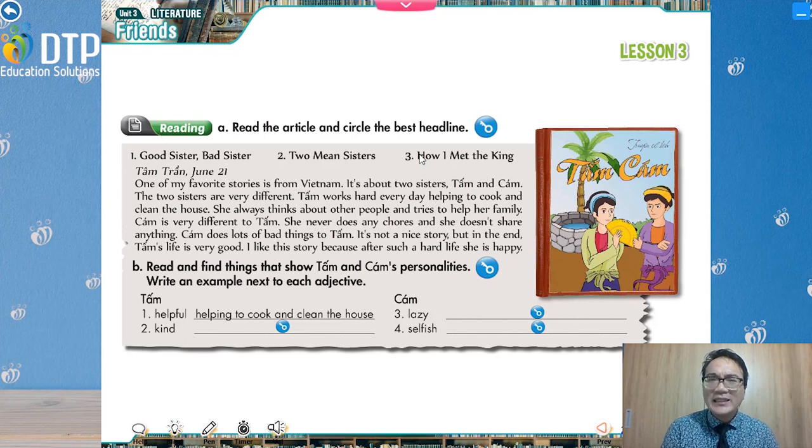Cám is very different to Tấm. She never does any chores and she doesn't share anything. Cám does a lot of bad things to Tấm. It's not a nice story, but in the end, Tấm's life is very good. I like this story because after such a hard life, she is happy.